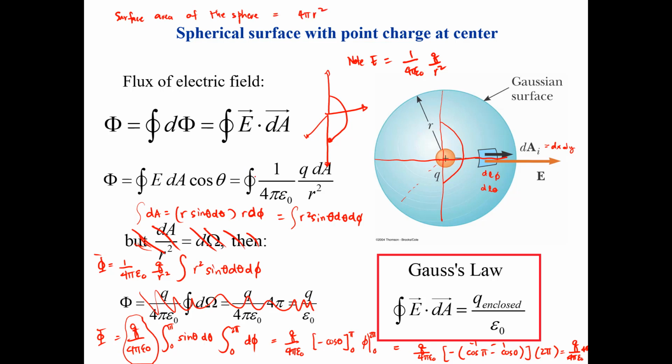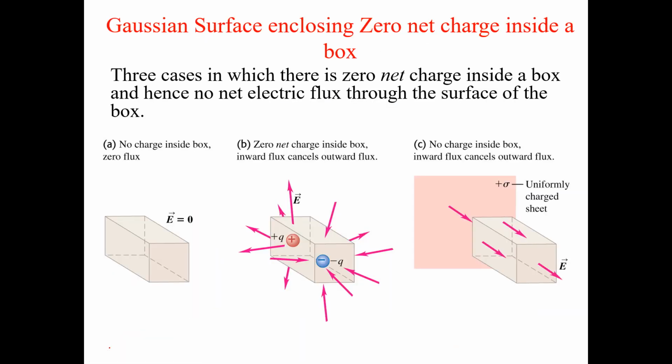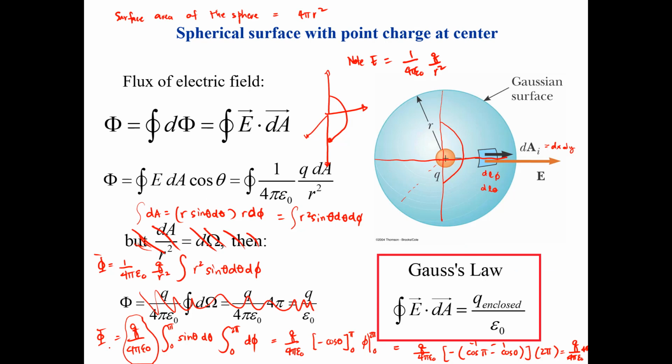Okay, so if you integrate dA over all the area, what you get, class, is 4 pi r squared. Okay, so you have this one. So q over 4 pi epsilon naught multiplied by 4 pi. So 4 pi cancels out. You are left with q over epsilon naught. Okay, so the flux is just equal to q over epsilon naught.